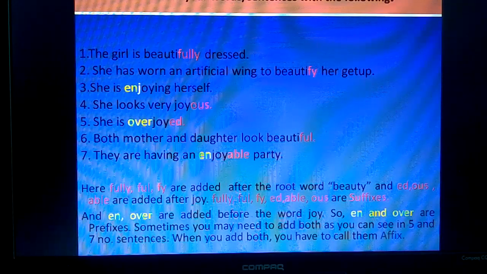And E-N, O-V-E-R are added before the word joy. So en and over are prefixes. Sometimes you may need both, as you can see in 5 and 7 long sentences. Overjoyed, enjoyable. So when you add both, remember this, you have to call them affix.